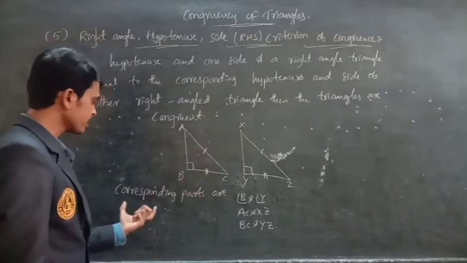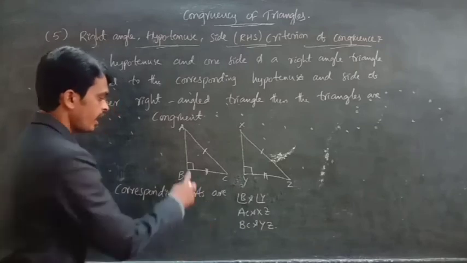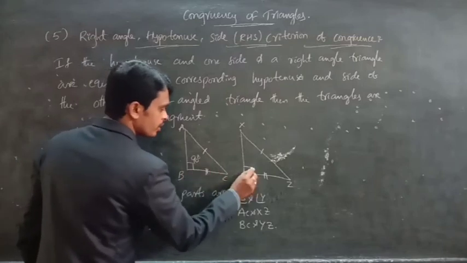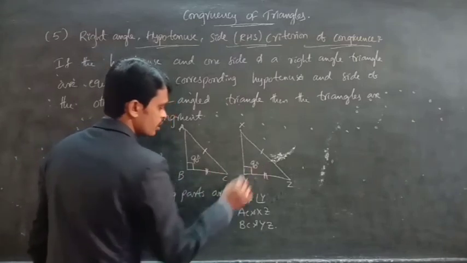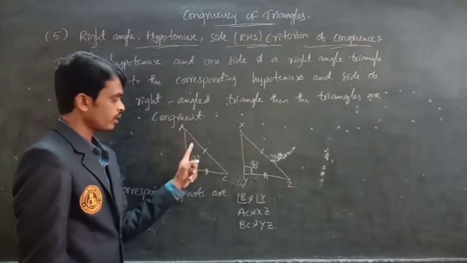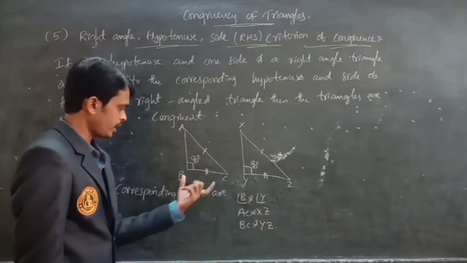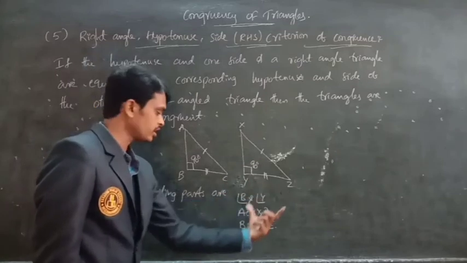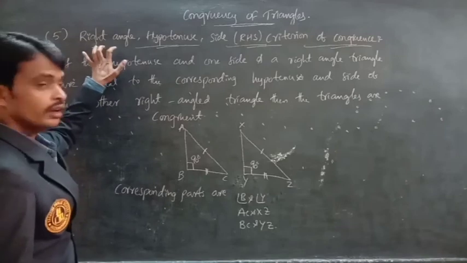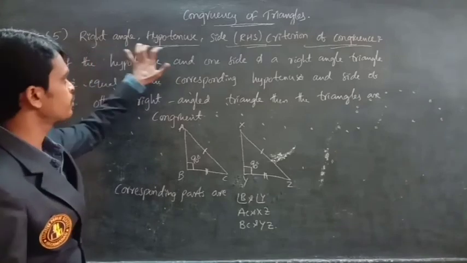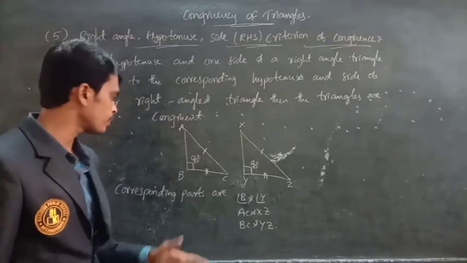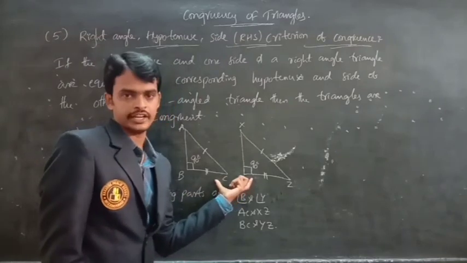So here the corresponding parts are angle B and angle Y, both are 90 degrees, AC and XZ, both are hypotenuse, and BC and YZ, the other side. So for RHS congruency, we should compare two right angle triangles.